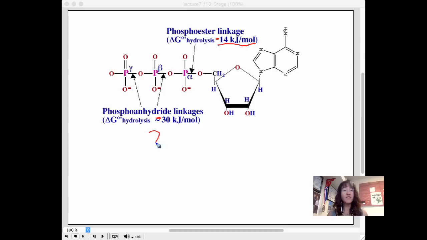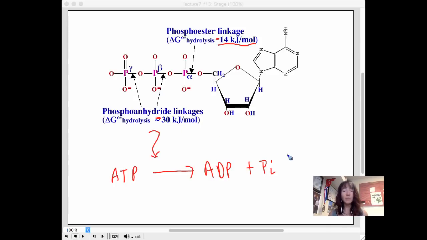We can recognize, in fact, that when ATP is hydrolyzed or broken down into ADP plus Pi, that yields quite a lot of energy, negative 30 kilojoules per mole.